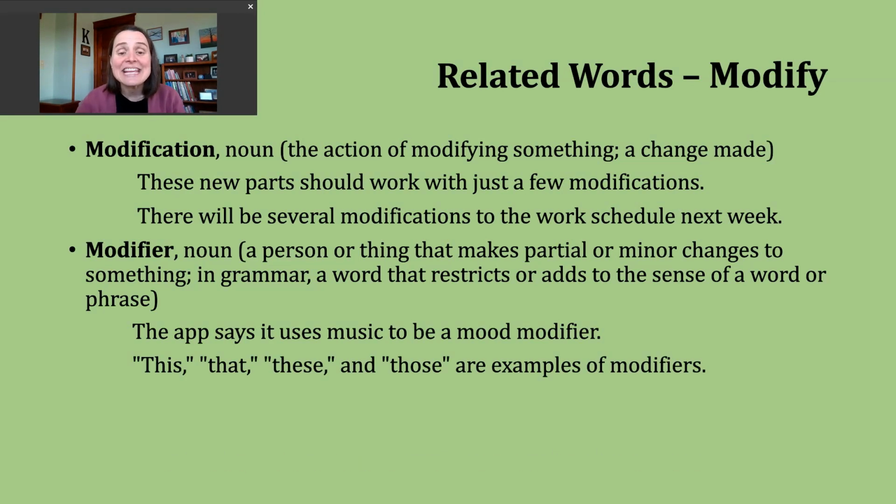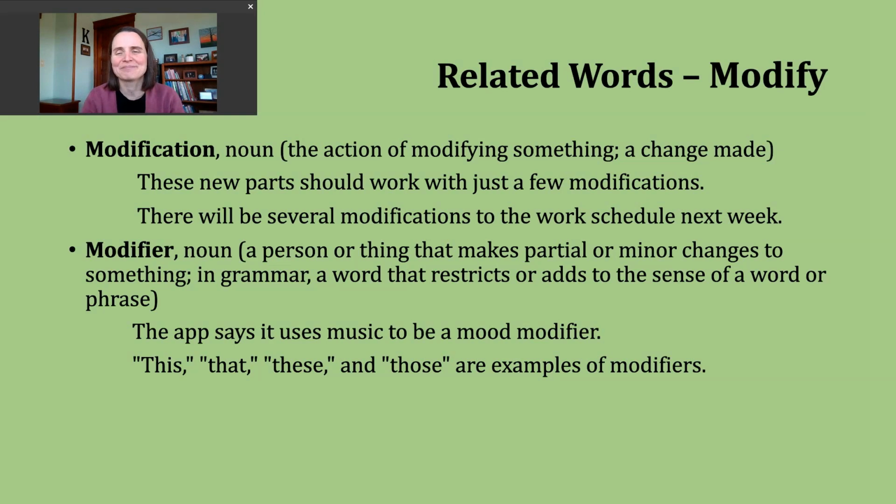This, that, these, and those are examples of modifiers. And this is very much a true sentence. Adjectives and adverbs are another good example of modifiers. They either limit or sort of add to a meaning of a noun or a verb, or other phrase as well.